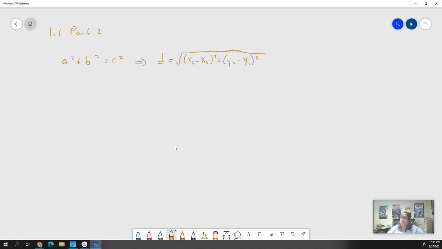Where we're going to start with that is we're going to be using the distance formula to verify right triangles. It's a little bit of a pain because you have to use the distance formula multiple times.